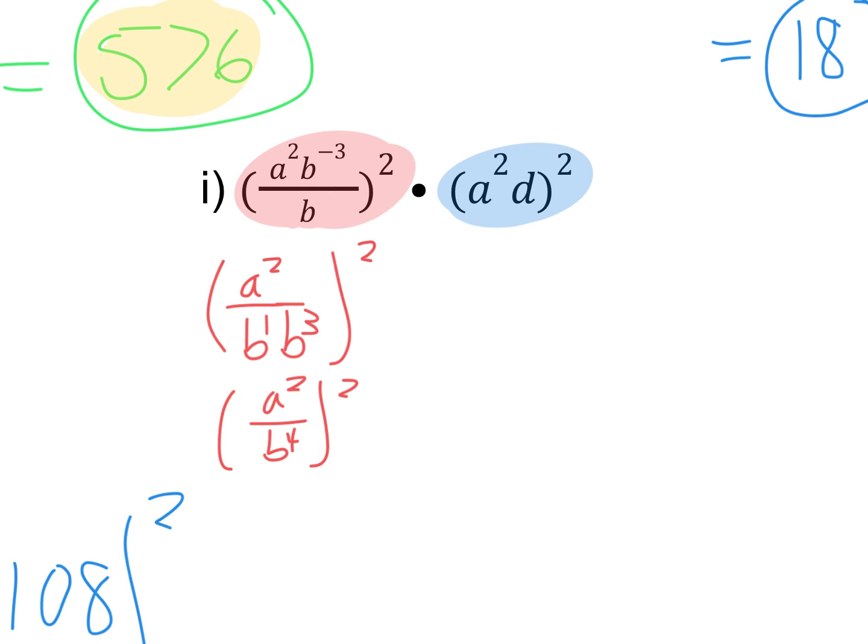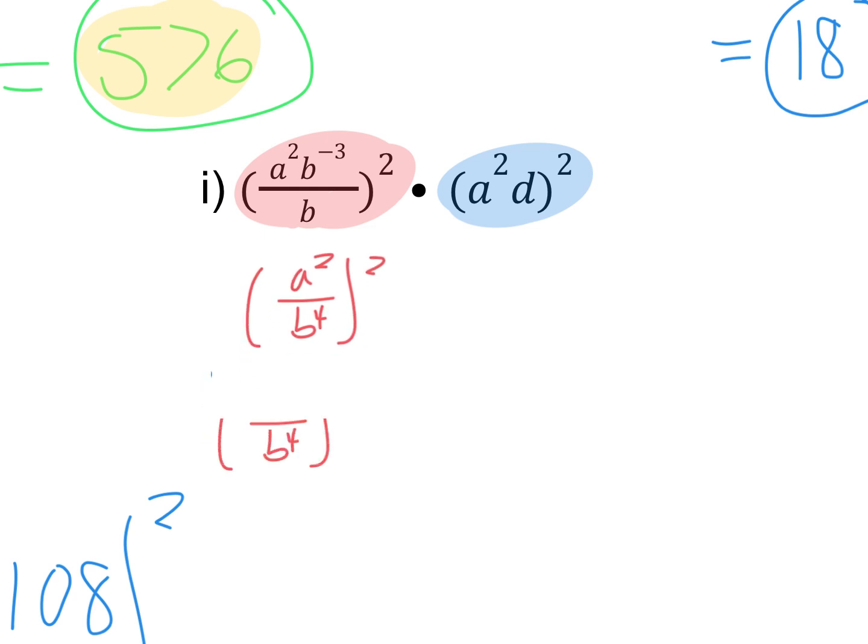So, actually, after showing that work, I am just going to erase this piece, and then I'm gonna move this up here, and we'll get rid of that. Okay, so that's our new red piece. I just simplified our variables based on exponent rules.